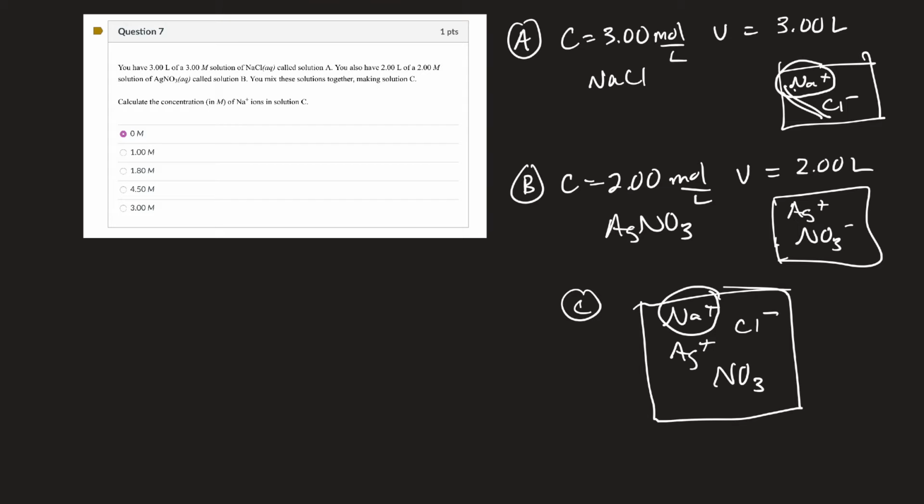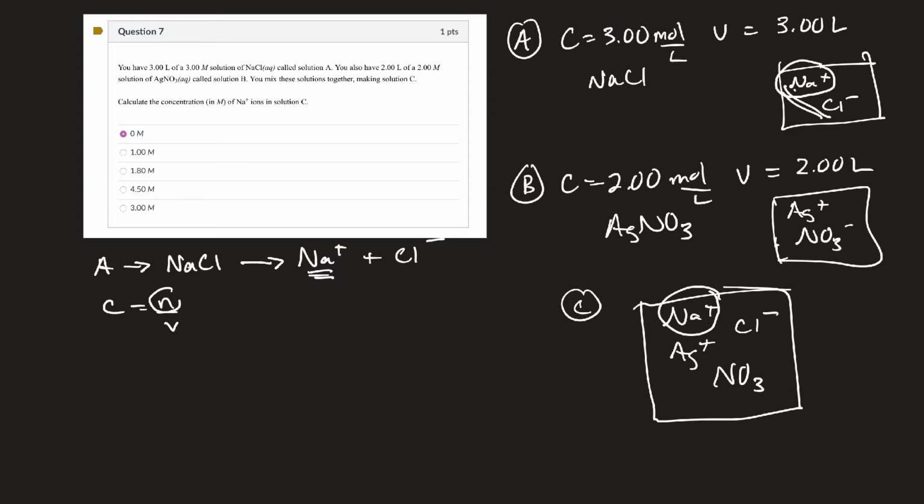So from solution A, I've got a concentration and a volume. I've got sodium chloride. If I dissolve that in water, it gives me sodium ions and chloride ions. And these are the ones I'm looking for. So concentration is equal to moles over volume.